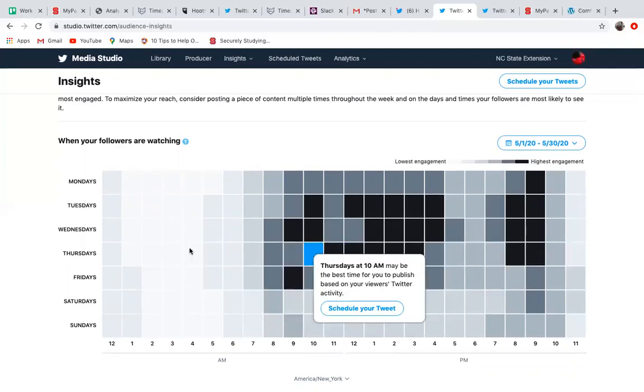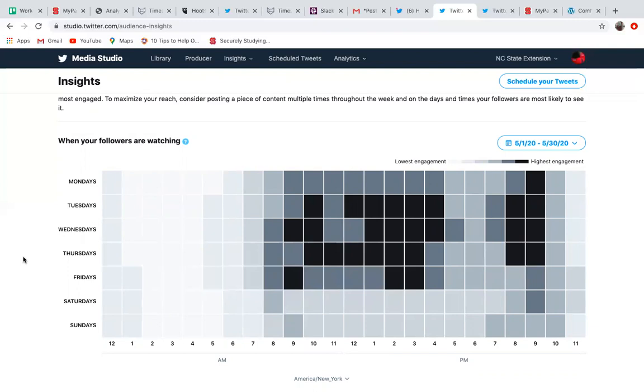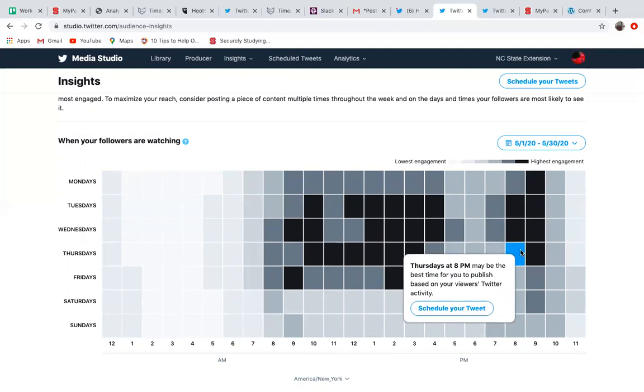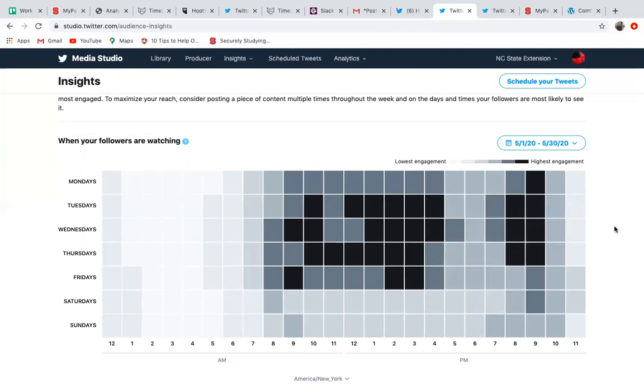Something that I've noticed in terms of timing your tweets is for us, there's more engagement that happens on Twitter during the week, during work hours specifically, as well as late at night in the evenings, like 9 p.m., 8 p.m. We don't typically get a lot of engagement on the weekends, but there is a little more engagement on the weekends, maybe at night.